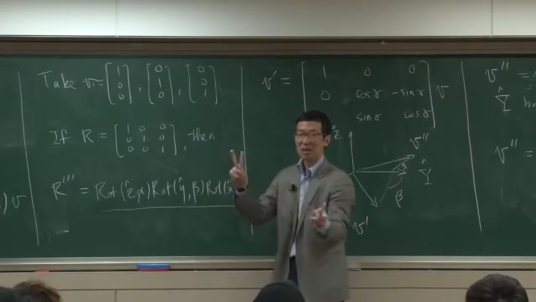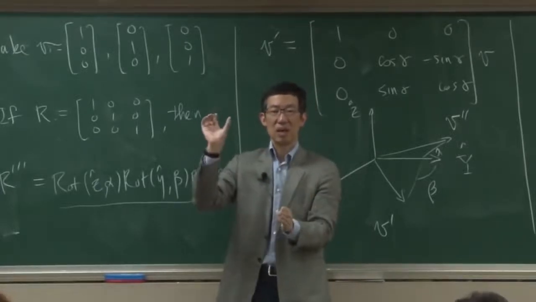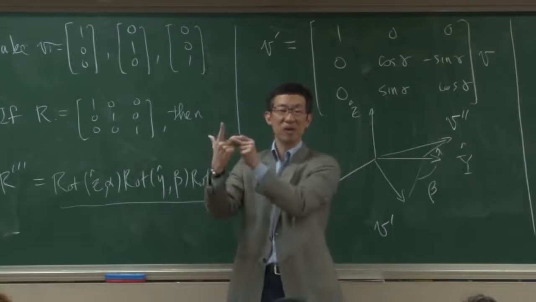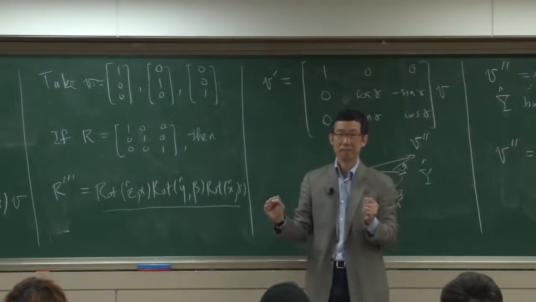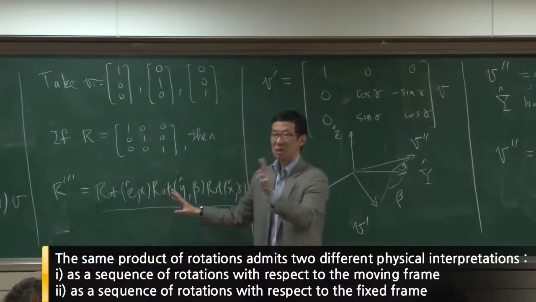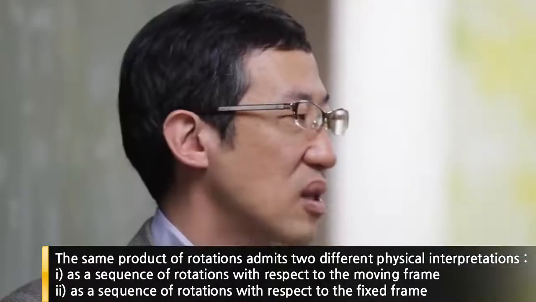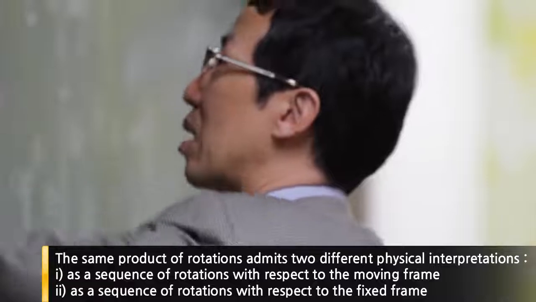But now we have two different ways of getting there. In the ZYX Euler angle representation, we're rotating z, then y, then x, and these rotations are with respect to the moving frame. In this interpretation, we're rotating x, y, z, but the rotations are with respect to the fixed frame. So we have the same formula, two different ways to get there physically.